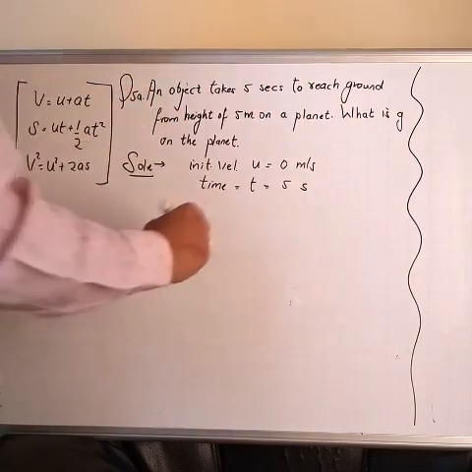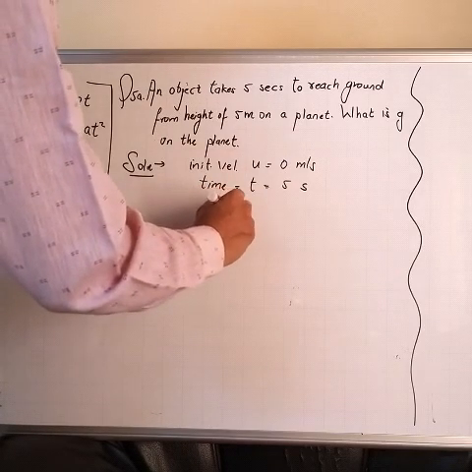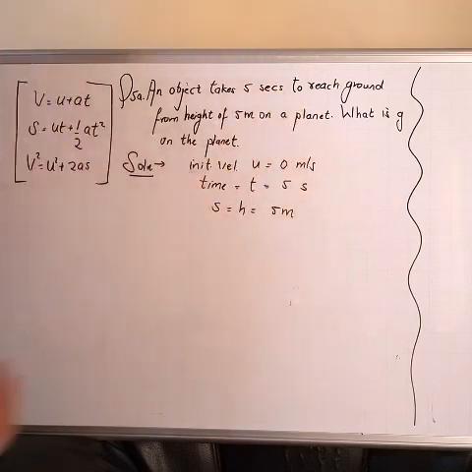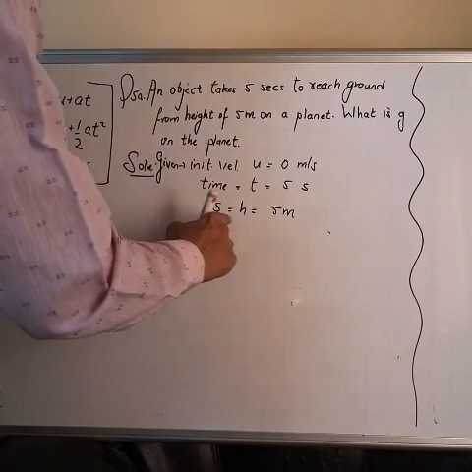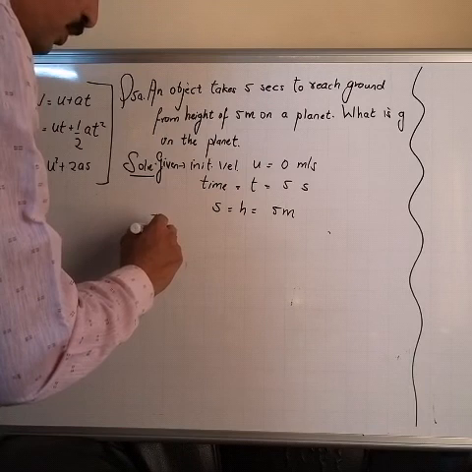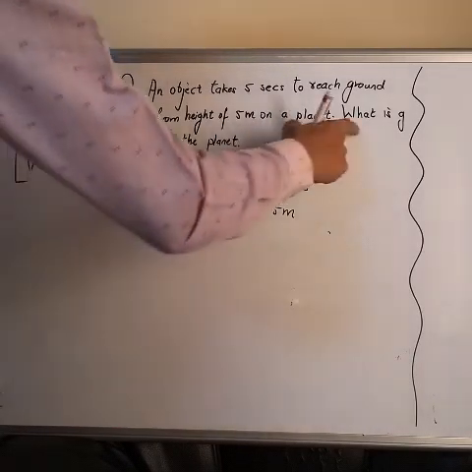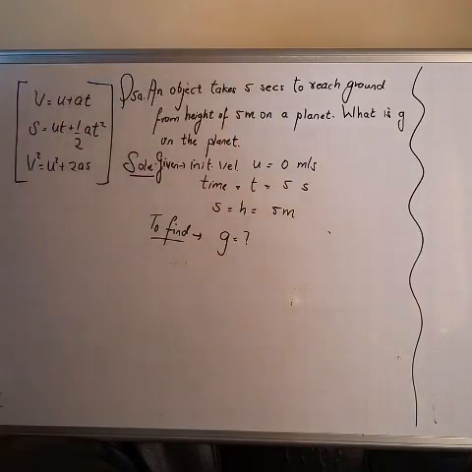And what is the height? Height or the displacement is nothing but 5 meter. S is 5 meter, and what you have to find? G, value of g.